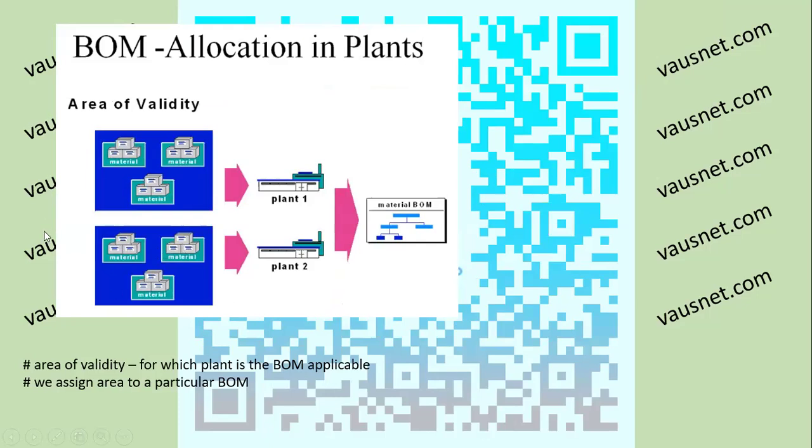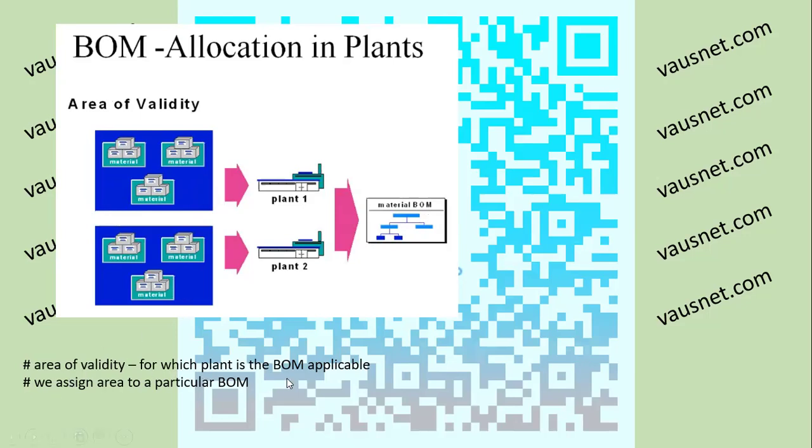So we need additional material, additional components from another plant. So the material bill of material will have the storyline to describe what components will come from which plant, and what material master will be sourced from which plant.